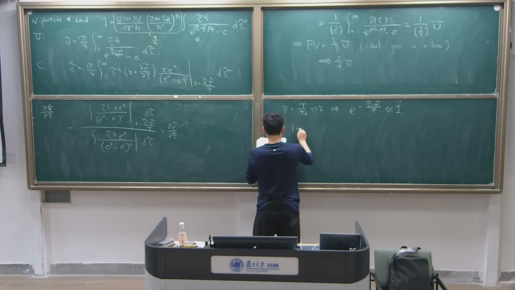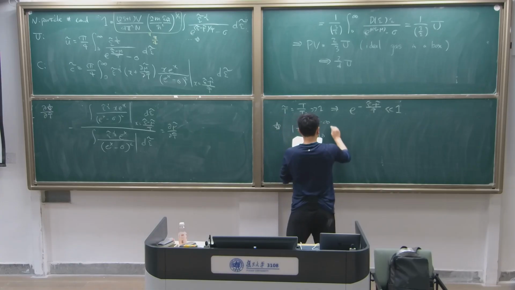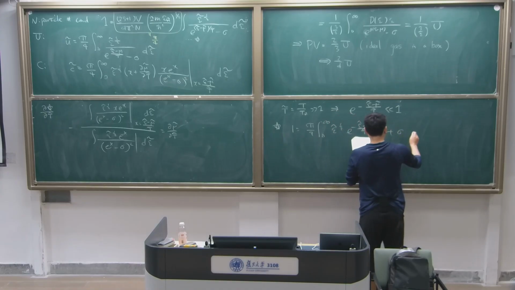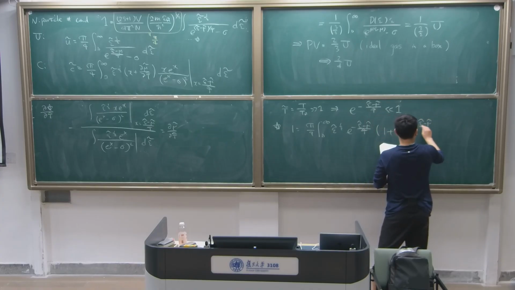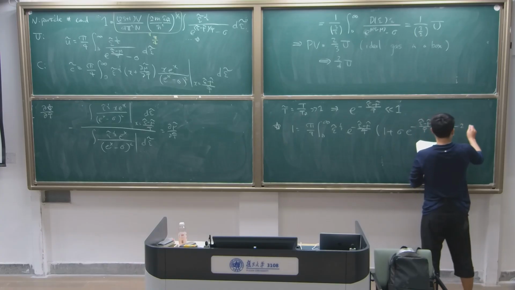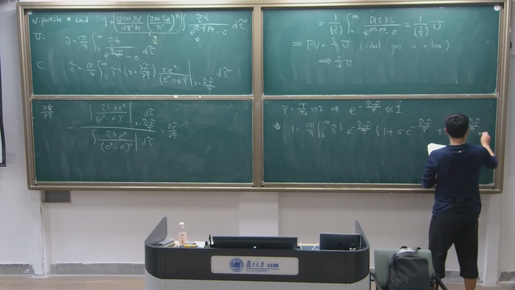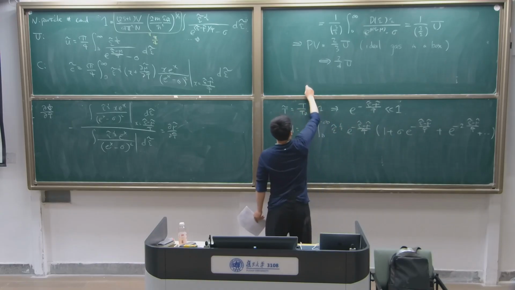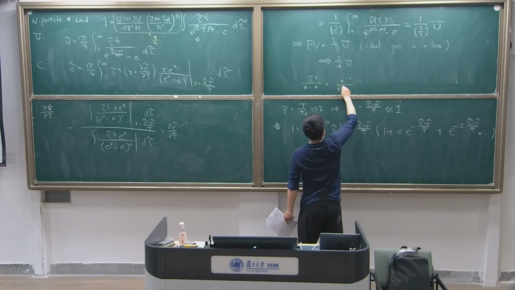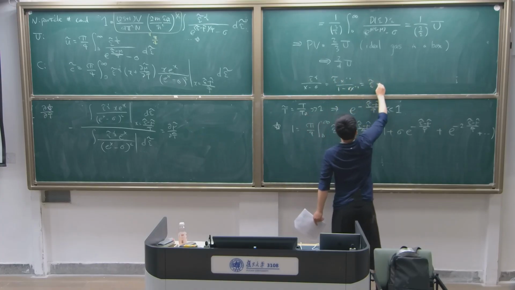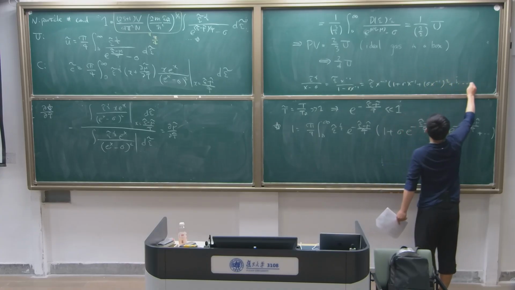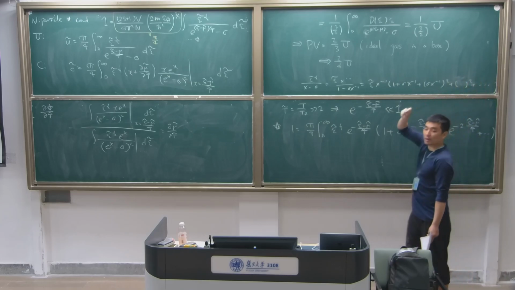This one is equal to pi over 4, sum to infinity, epsilon tilde 1/2 e to the minus epsilon tilde minus mu tilde divided by t tilde, and you have a geometric series: e to the minus epsilon tilde minus mu tilde over t tilde, plus e to the minus 2 times epsilon tilde minus mu tilde over t tilde, plus dot dot dot. So what I get is this equation.